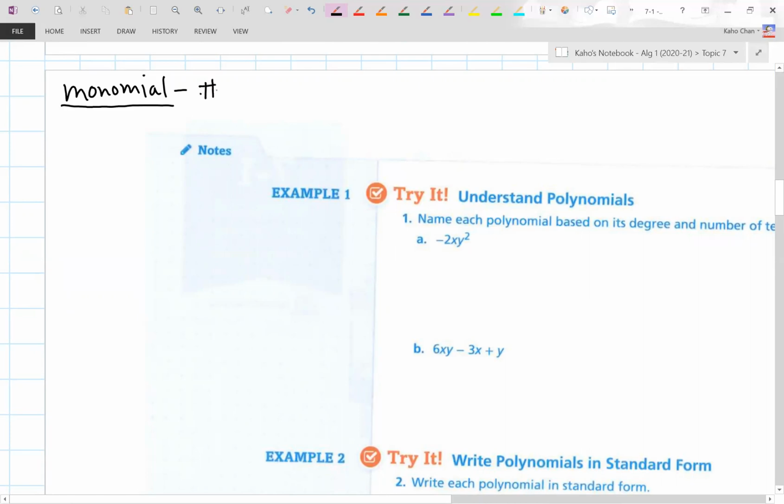It's a number, a variable, or product of numbers and variables, meaning a bunch of them together. Product means multiplication. Oh, by the way, mono means one, of course.